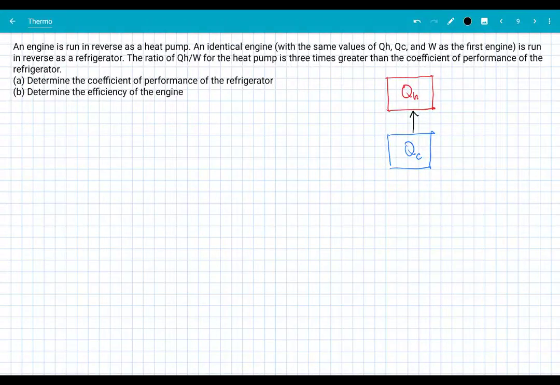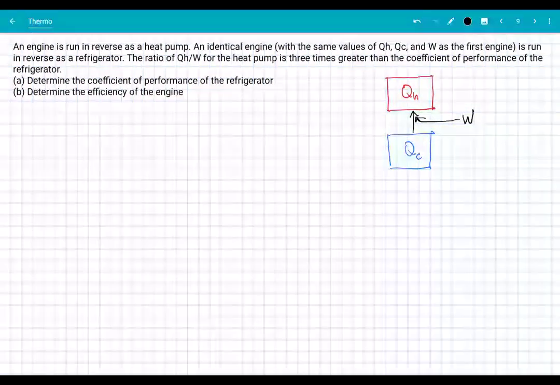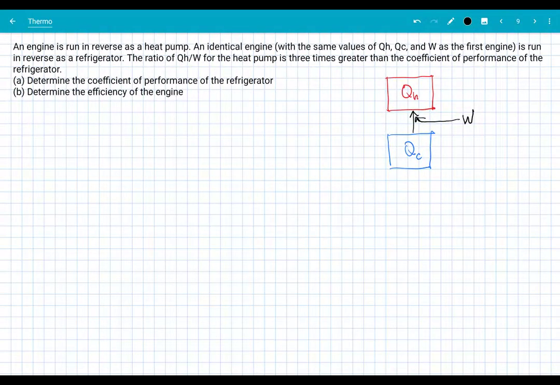In order to force that to happen, now work needs to come into the situation. So now we need to add work. As you know, you need to plug this thing in for it to work. So that would be the engine run in reverse, meaning against the spontaneous direction. So we need to provide work in order to have it run that direction as a heat pump.